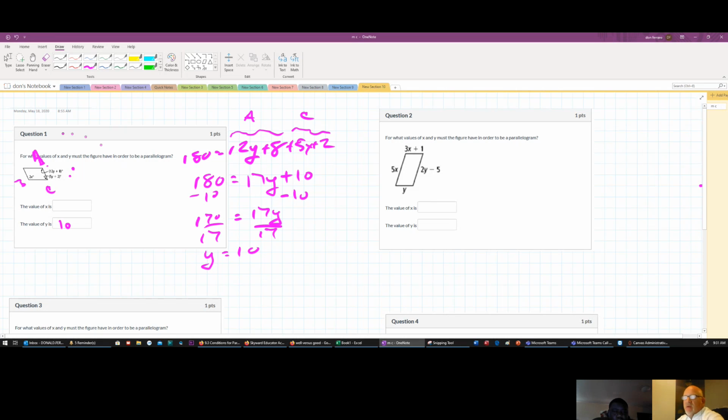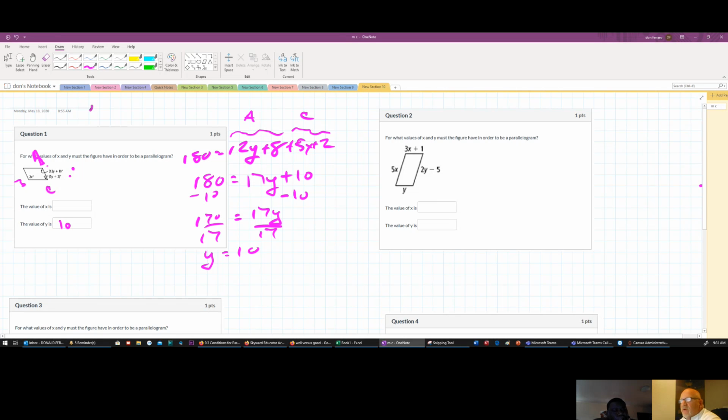Now, what do we know about B and C? B and C are 180. So if you add those up, they're equal to 180, right? So let's go up here, and we know that B plus C equals 180.